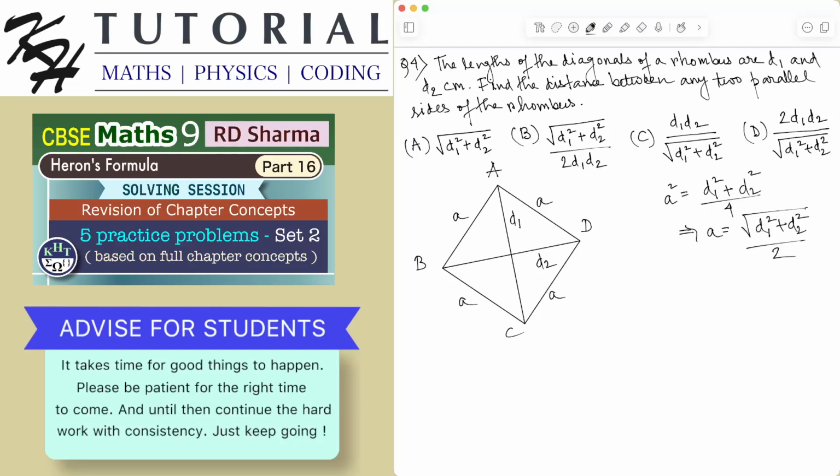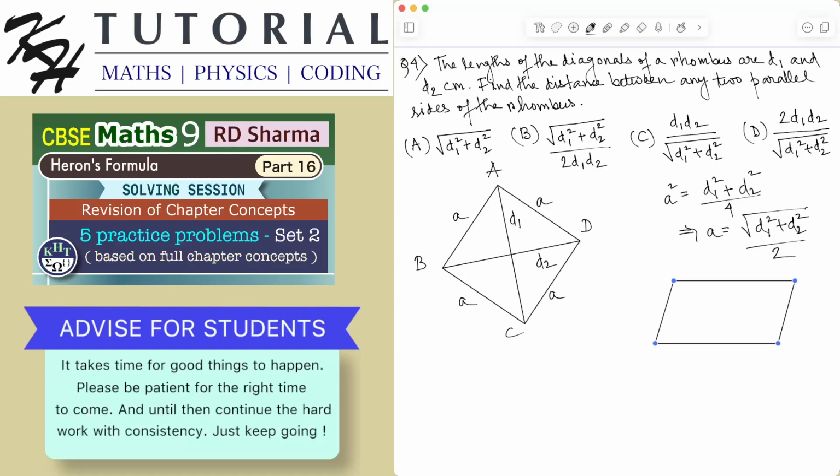So if you consider any two parallel sides, we have two pairs of parallel sides in a rhombus or in a parallelogram. The distance between any two parallel sides will be the same in a rhombus. Please note that, not in a parallelogram. Let's say this is a parallelogram.